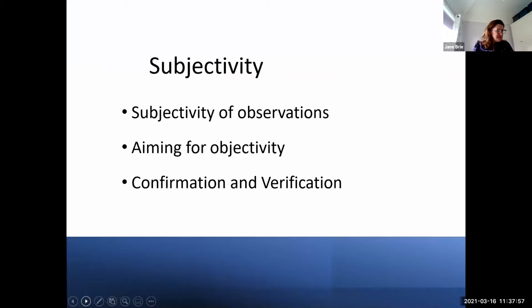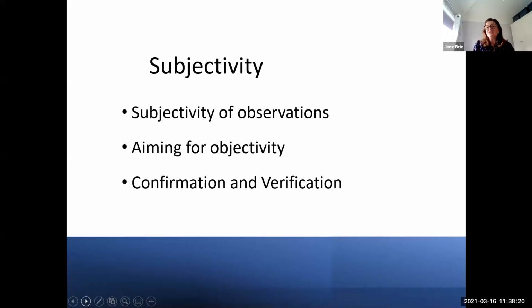I think this is important to consider as well. So subjectivity, if we think about us observing, are we ever free of our own thoughts, our own beliefs, the value we put on different things? So that's important to consider, and we are human, and I think we know it happens and it's acceptable, but don't hide that, be aware.